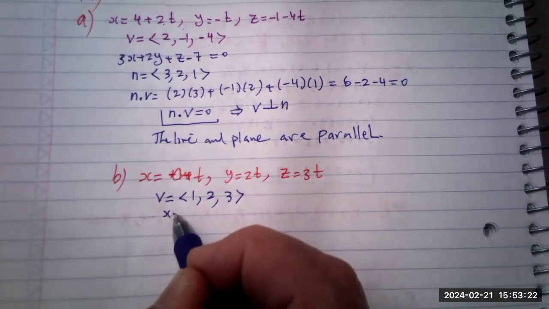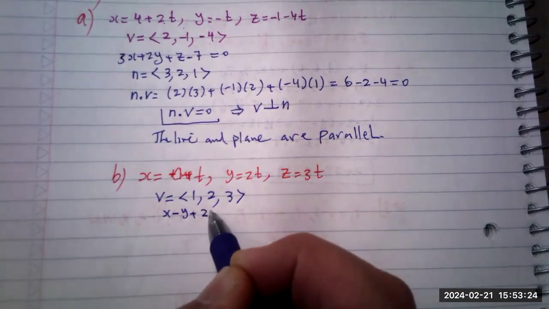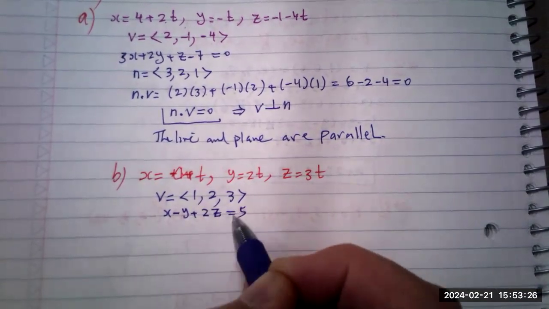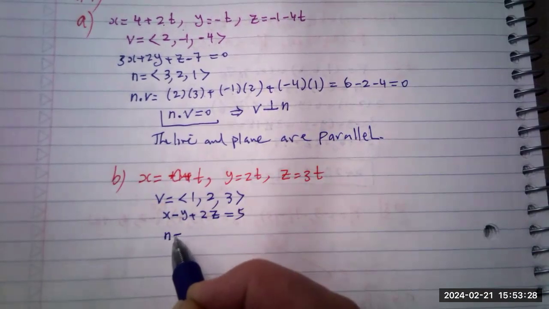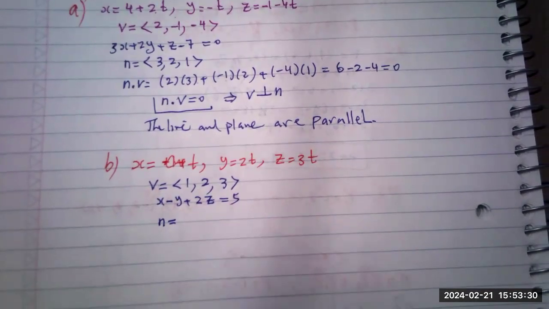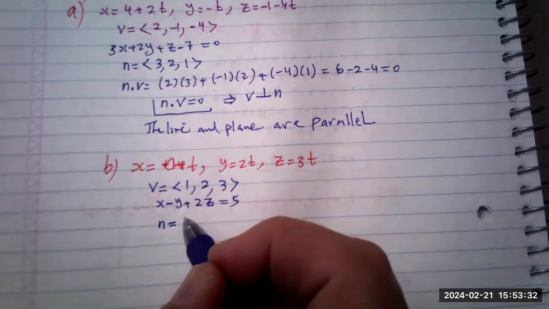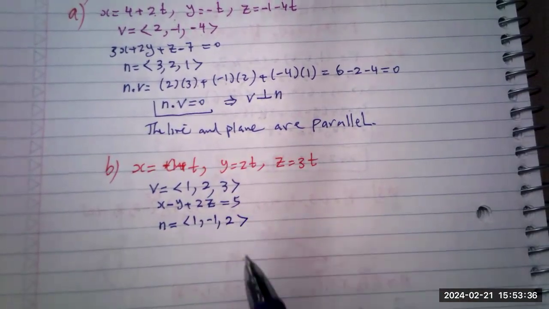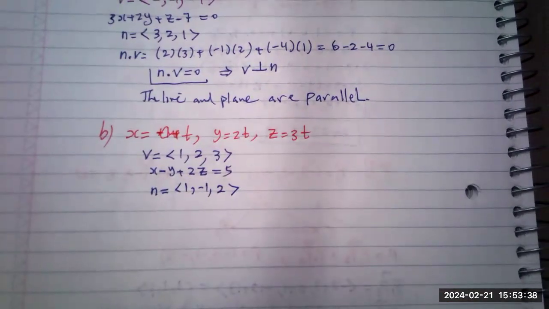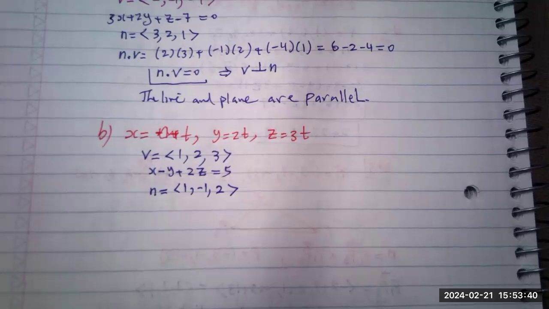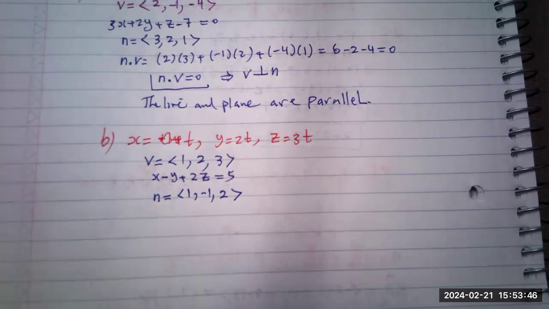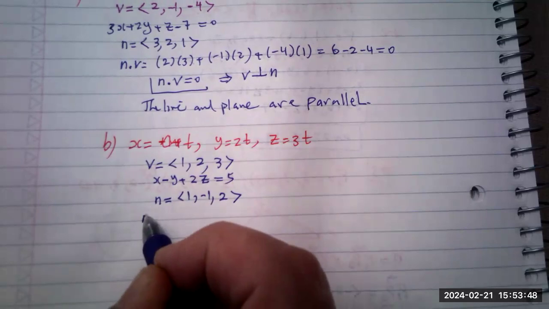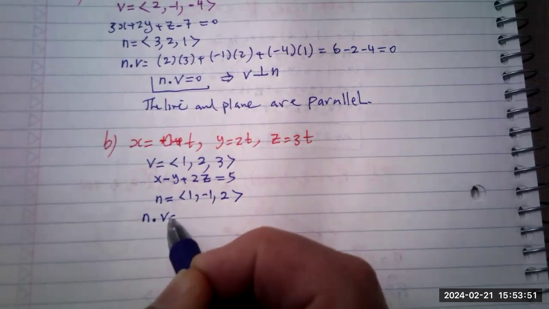Get the plane. The plane is x minus y plus 2z equal to 5. So the normal vector is going to be the coefficients of x, y, z, which is 1, -1, and 2. So they are not parallel, because for parallel, one must be a scalar multiple of the other one. Check to see if they are orthogonal. So check n dot v.